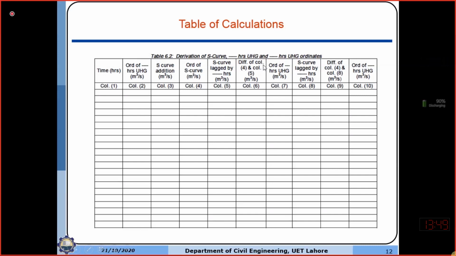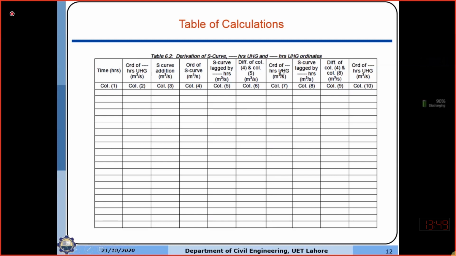Then we'll take the difference of column 4 and column 5, that is the difference of the first S hydrograph and the second S hydrograph. So you will obtain column 6. Now the ordinates of the 2-hour unit hydrograph that we require will be simply column number 6, that is the difference, multiplied by the given duration, that is 4, divided by the required duration, that is 2. So this will give you the ordinates of the 2-hour unit hydrograph.